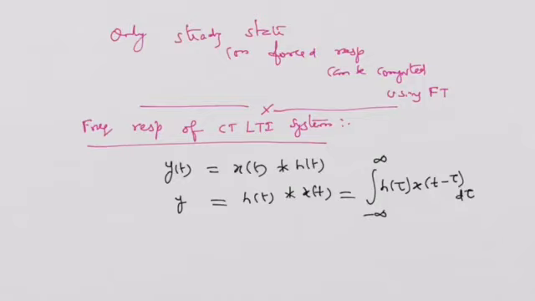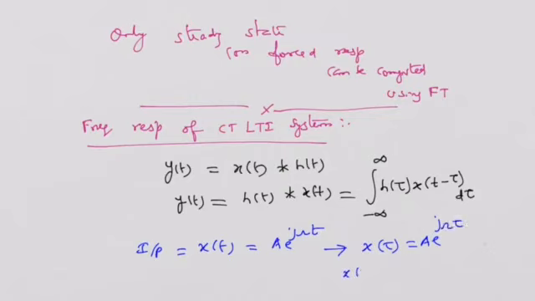Assume you have a special input. What is that special input? I'll say x of t is equal to a e power j omega t. Let me say it is a special input. A is the amplitude, omega is the angular frequency in radians per second. So x of tau will be a e power j omega tau.